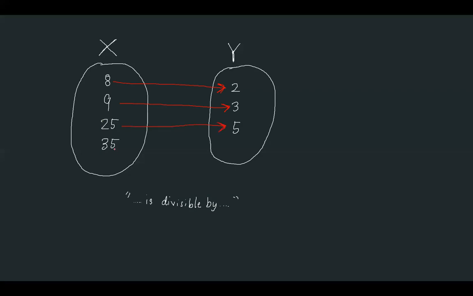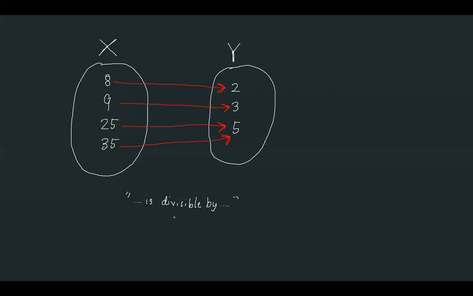How about 35? We all know that 35 is divisible by 5 as well, so we can match 35 to 5. It seems we have already matched the numbers from set X to set Y based on this condition.